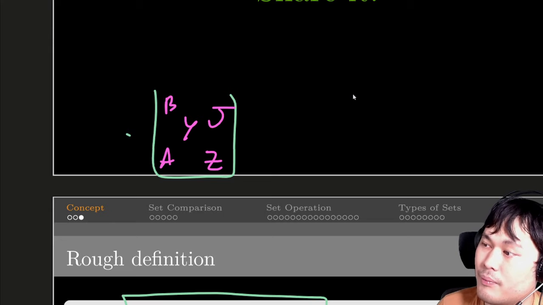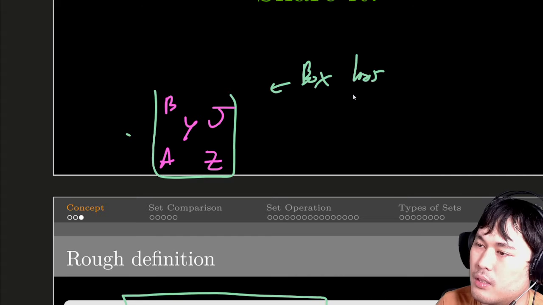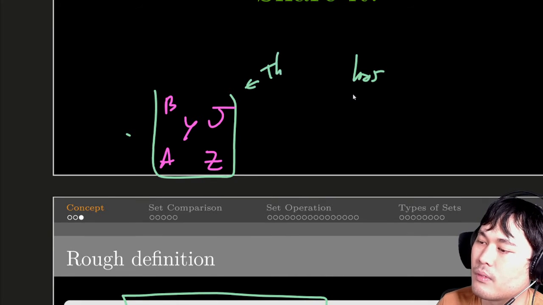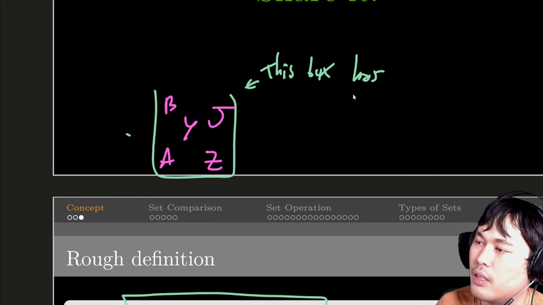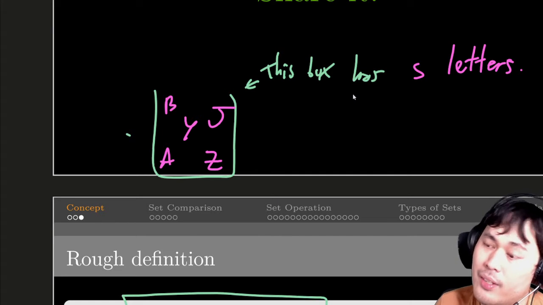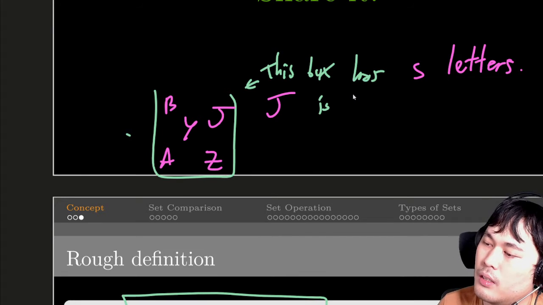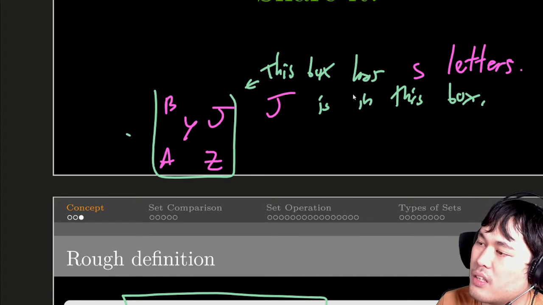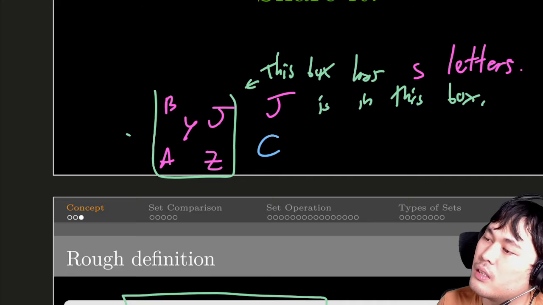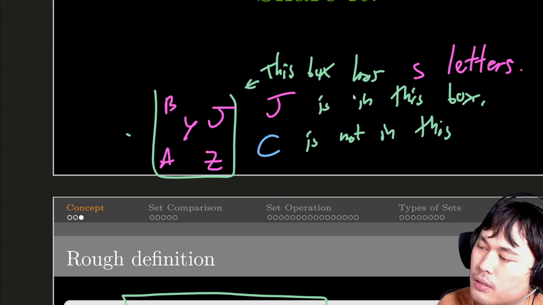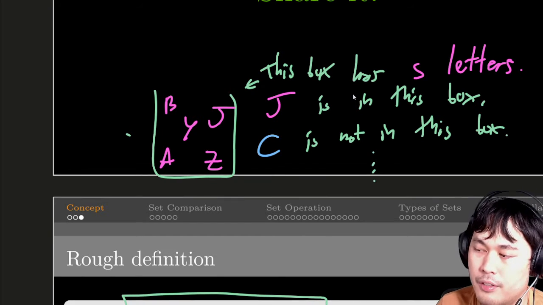So in a sense, this box has 5 letters. And you can say J is in this box, and say C is not in this box, and so on and so forth.